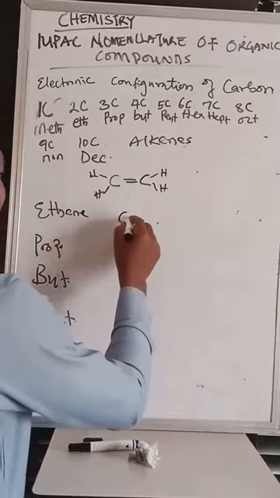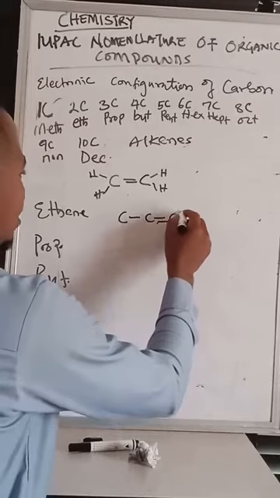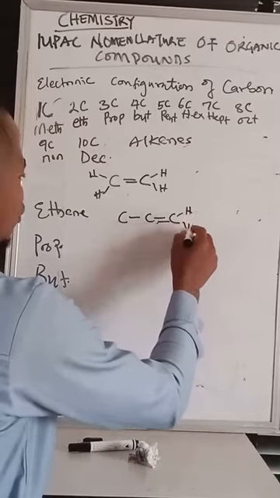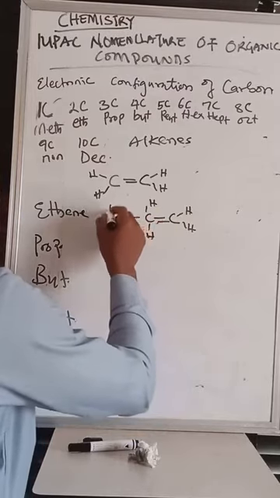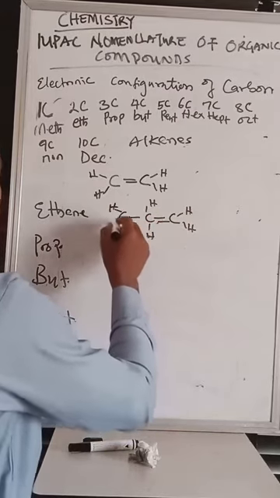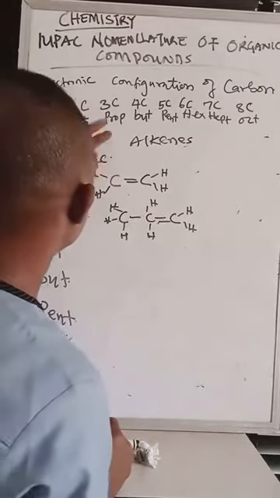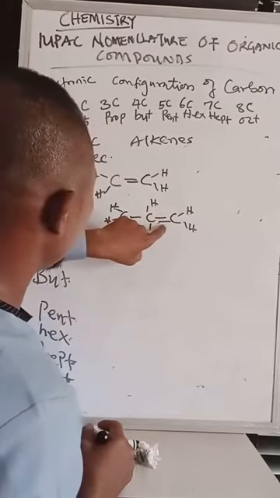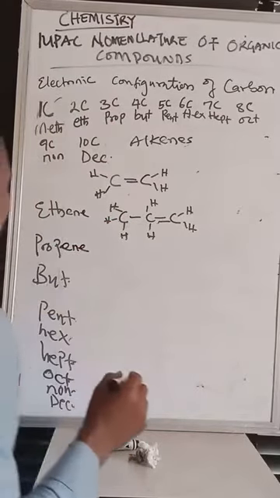Now, for 3 carbon, 1, 2, 3. Because it has 3 carbon, it is prop, and because it has a double bond here, it's going to be propene.